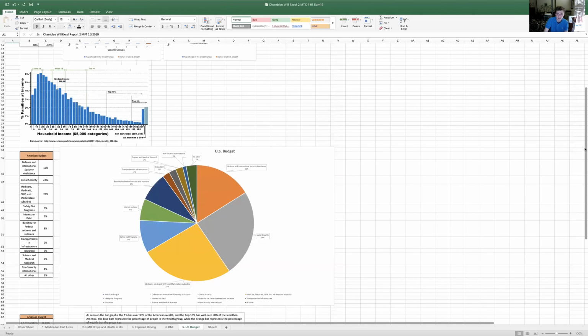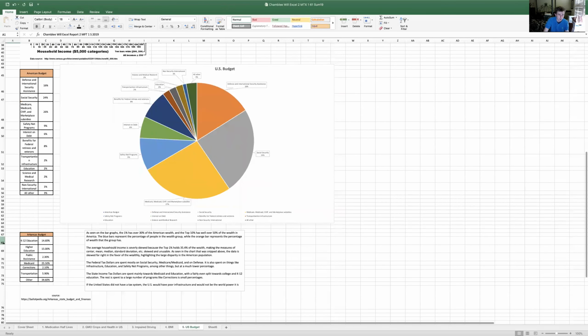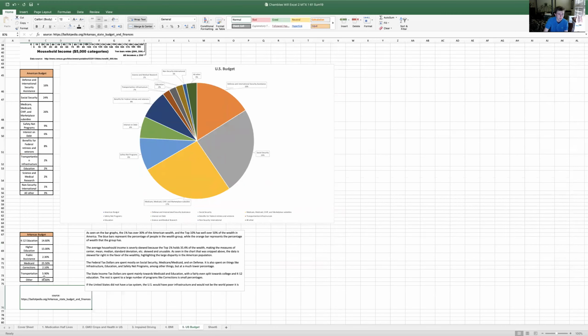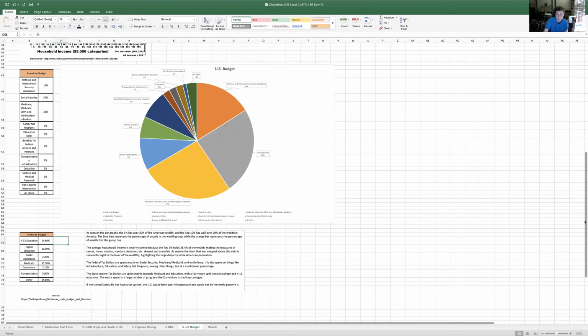What I found was the state more than makes up for that, kind of. I looked up this source right here, Ballotpedia, and it gave me some stats here for the Arkansas tax spending. I thought I had a chart for it, but maybe not. You have 14.6.